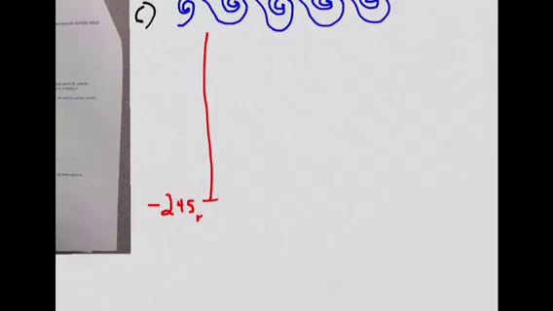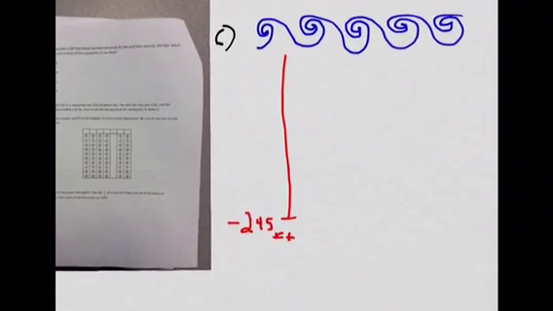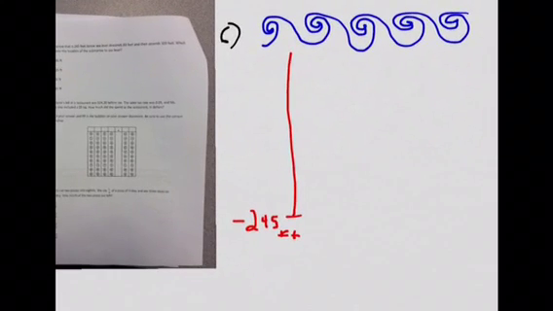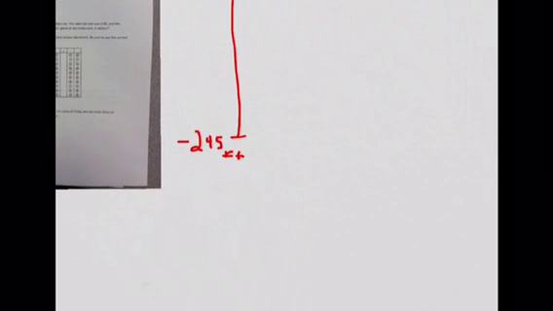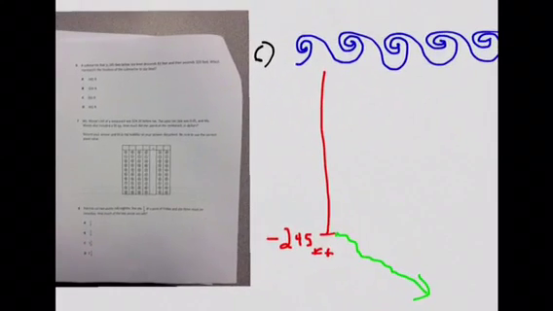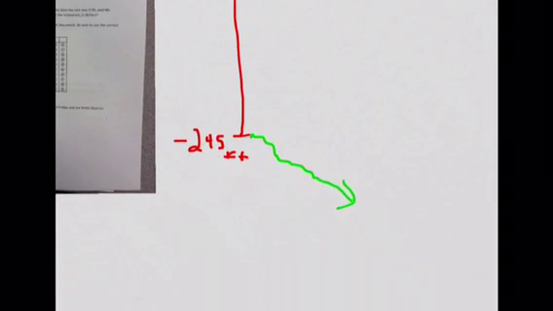Negative 245 feet. Now, we're going to descend, which means going down, descend, deflate, devalue. It's not a good thing. We're going to descend. And this distance right here, how far it goes down, is 83 feet.